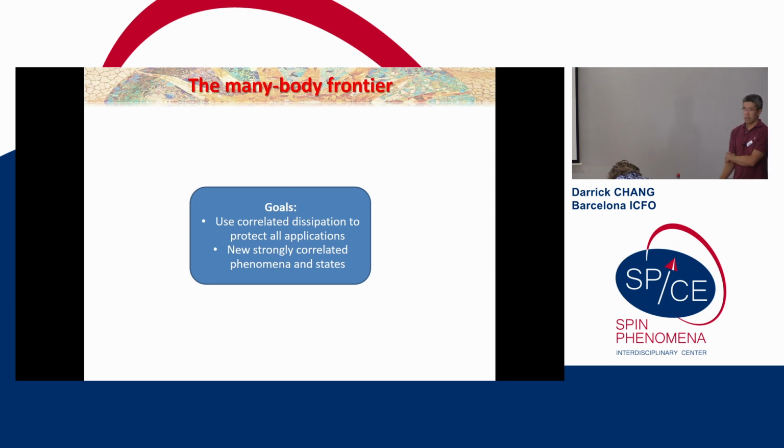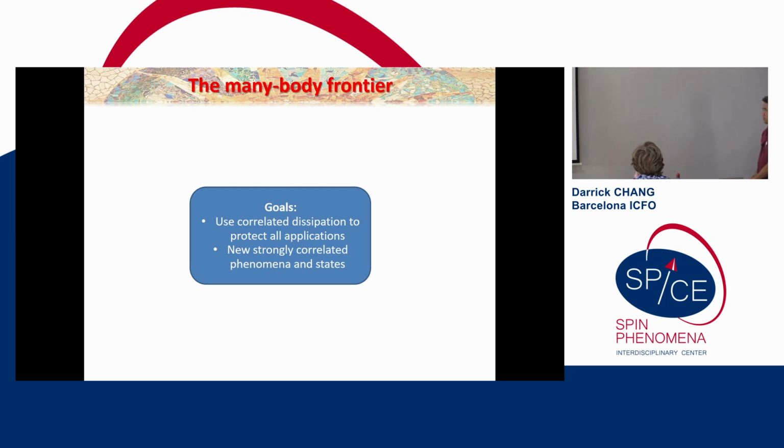For example, from an application standpoint, to encode any application you want into a space that's protected by correlated dissipation. So this could be a many-body application like spin squeezing, for example. And also in this many excitation regime, to really look for new strongly correlated phenomena and states. And this many-body example I gave you before is one small step along that route.